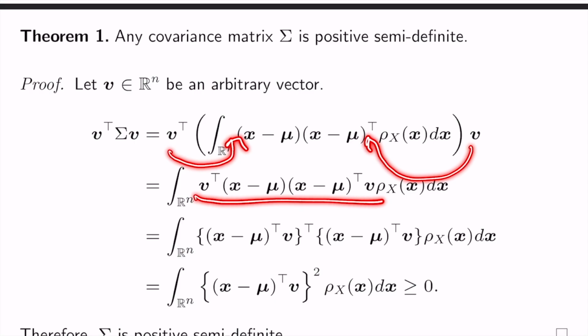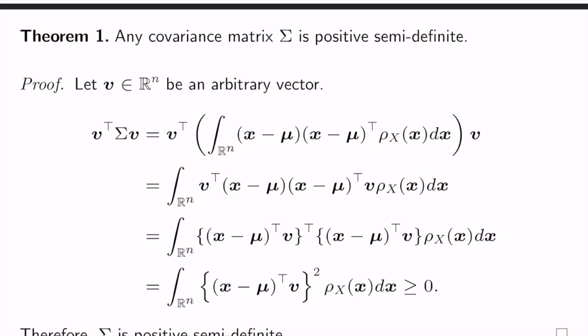So we have this here, V transpose here and V here. Now this part is a vector transposed times a vector, so it's a scalar. This one also, V transpose times x minus mu, it's a scalar.